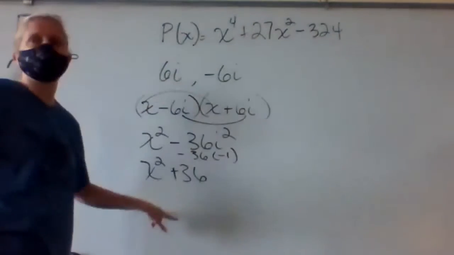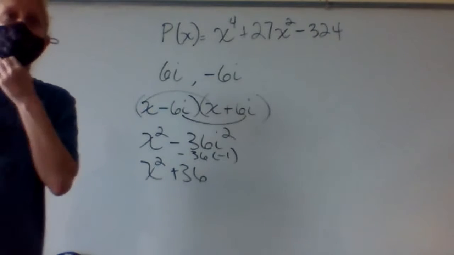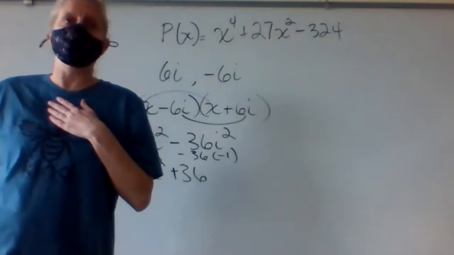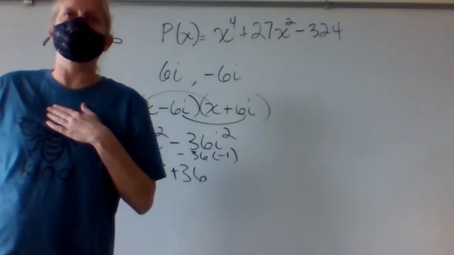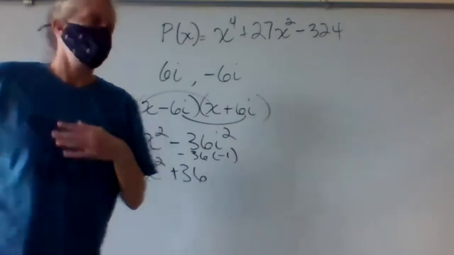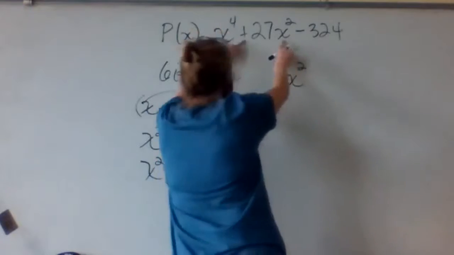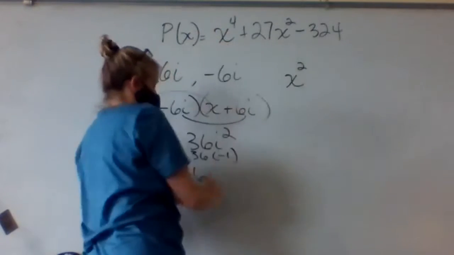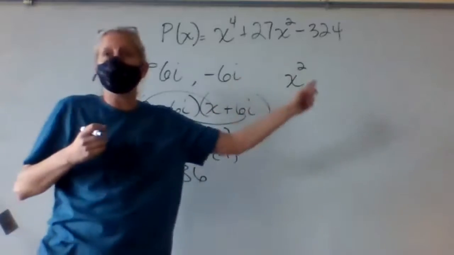I use the zeros to get it. Here's what I'm going to do with this now. I'm going to use long division to find the other two factors. Here's how I'm going to write that. I'm going to divide this polynomial function by this factor. I know that it goes in there evenly.